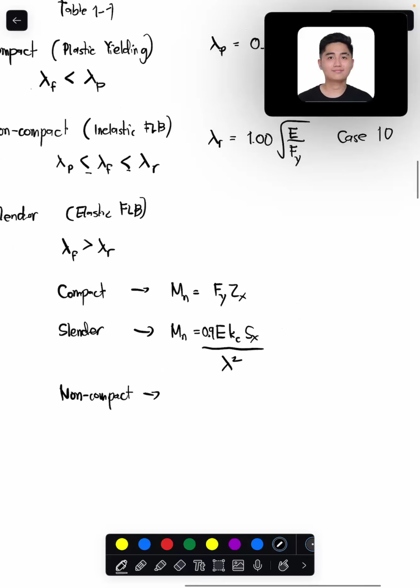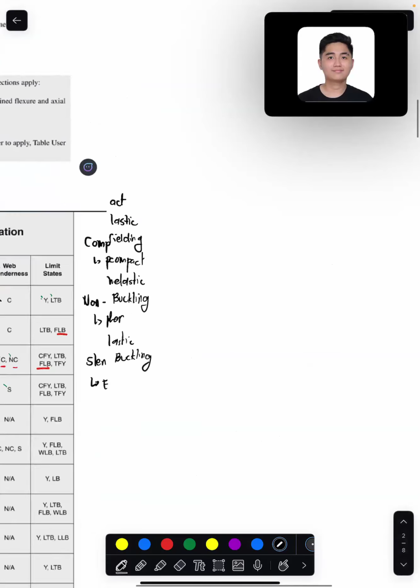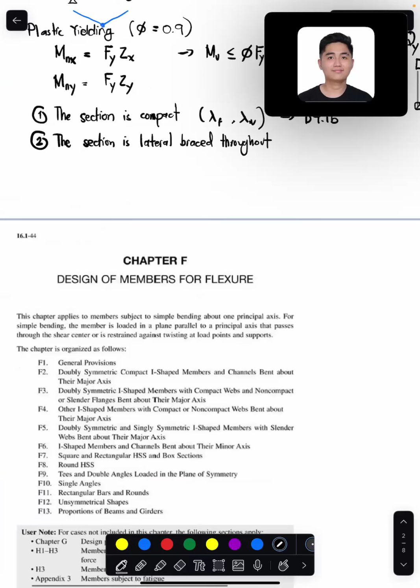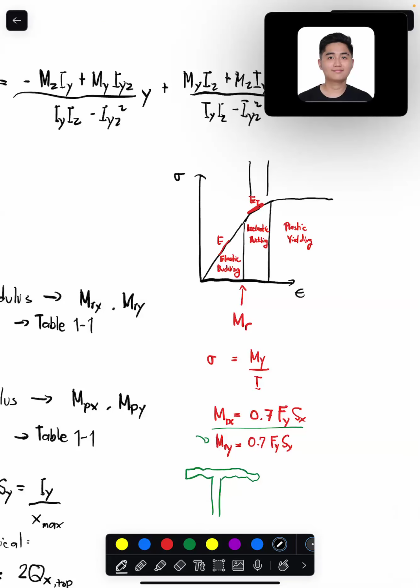So yung non-compact na cross section, balikan natin ito. This is actually yung non-compact na section. This is yung compact na cross-section. This is yung slender na cross-section.